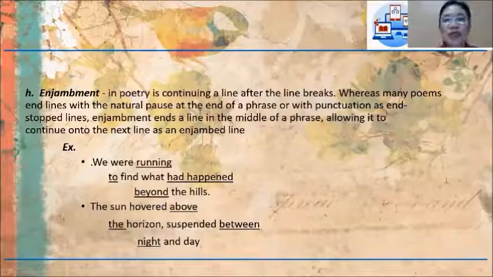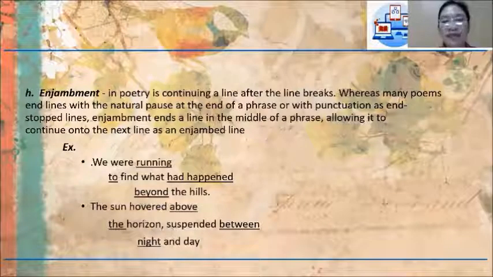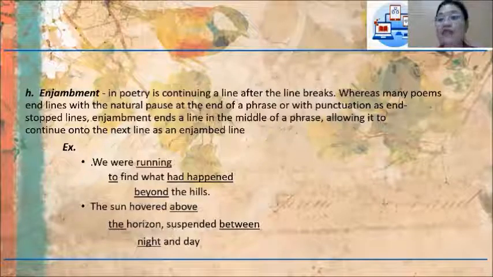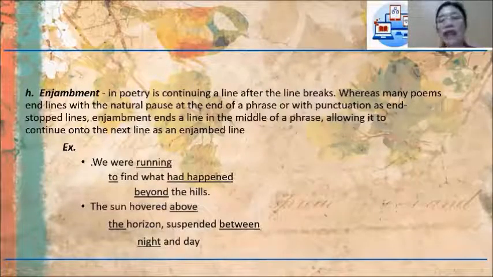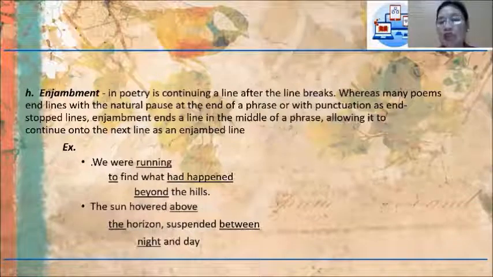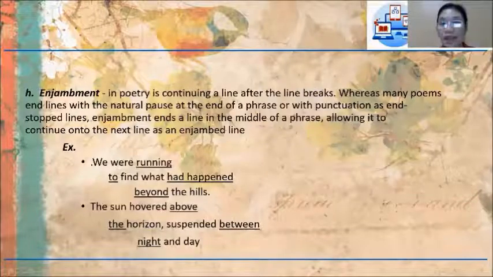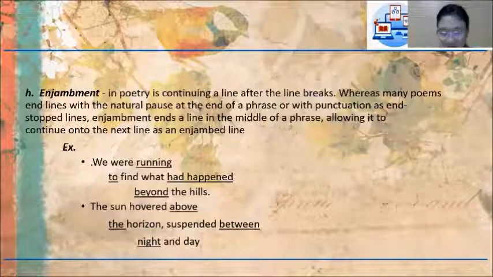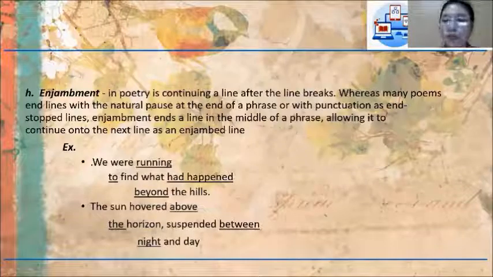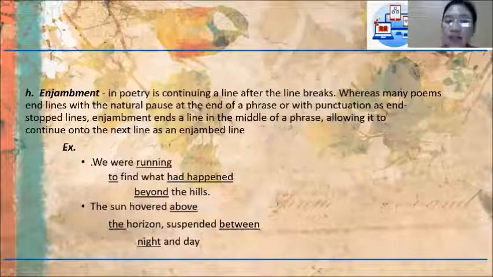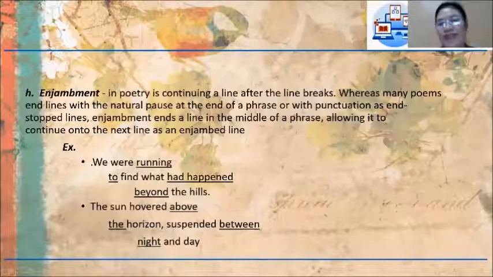And also, we discussed the devices used in poetry, making use of imagery and figures of speech, which include simile, metaphor, personification, hyperbole, symbolism, alliteration, onomatopoeia, and enjambment in poetry.